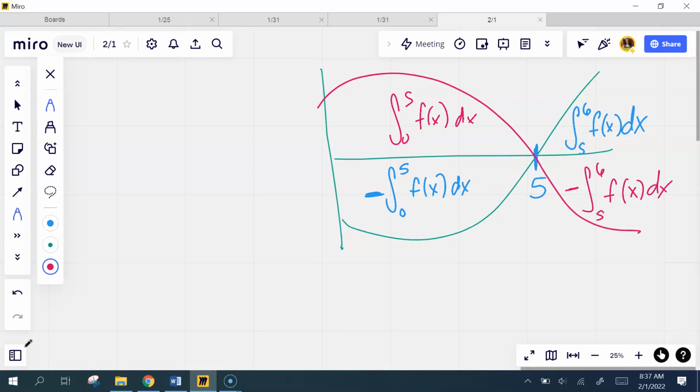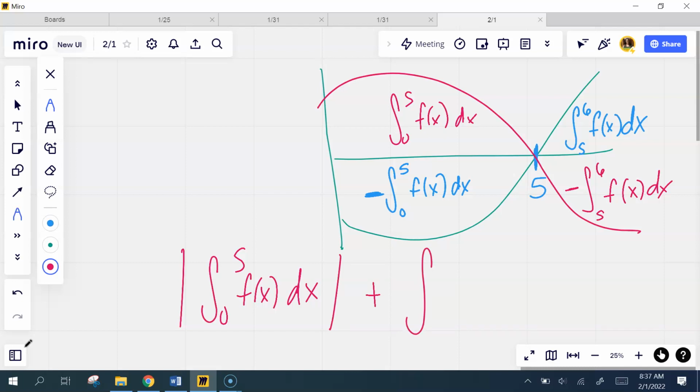I just knew it was negative. Or you could say the absolute value of the integral from 0 to 5 of f of x dx plus the integral from 5 to 6, and you end up getting the absolute value of -6.7.